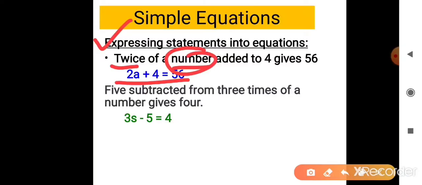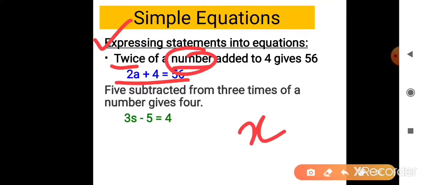And we all know we can take any alphabet of English as a variable. So since x is my favorite, I am going to take x here, or you can take a. So whatever it is, it's totally your own choice.